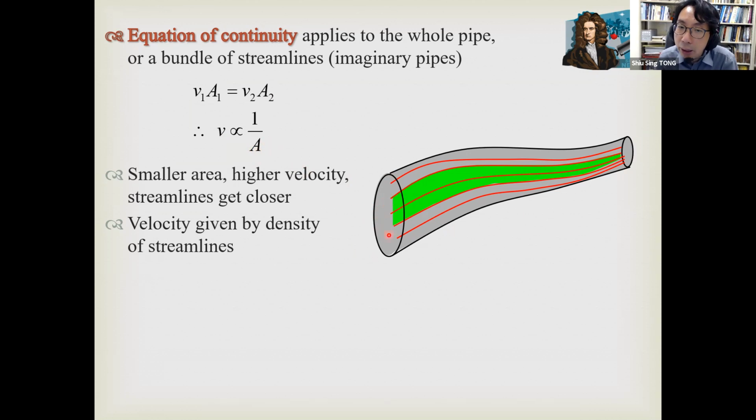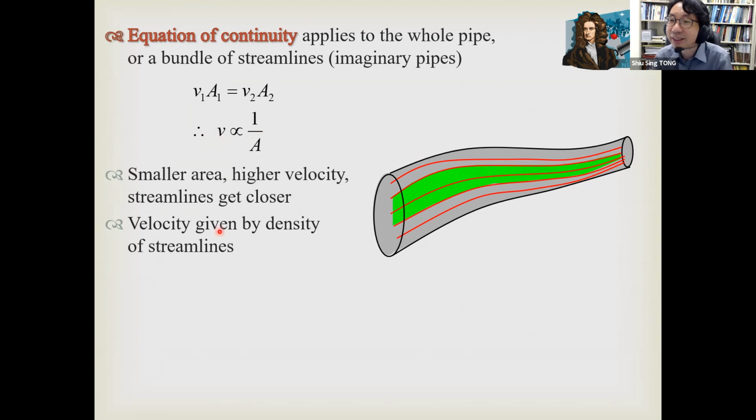Now, the streamlines here are less dense, right? Because you have a larger area. So when the streamlines are getting less dense, you have a small velocity. And when this area is small, A is small and the streamlines are getting very close together, the streamline density is high, you have a large velocity.